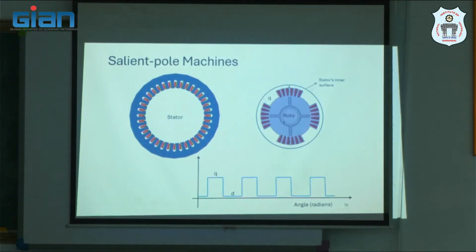So interior permanent magnet machine will result in air gap saliency. That means in some portion there is a longer gap, in some other portion there is a shorter gap.